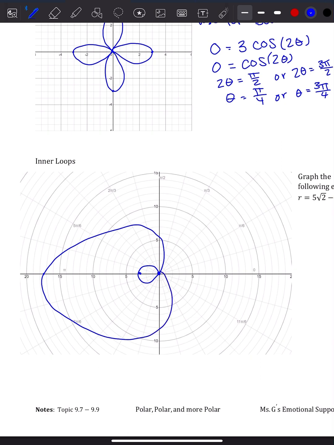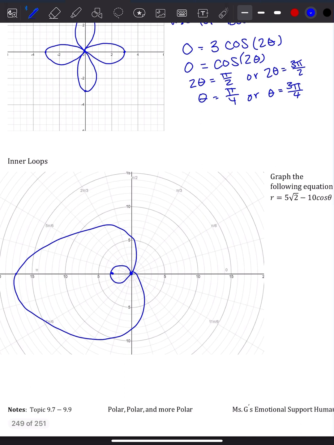It's not one of my best graphs. In order to graph these polar coordinates, a lot of times we're going to pick a bunch of points, plot them like we'd normally do, and then connect them all.